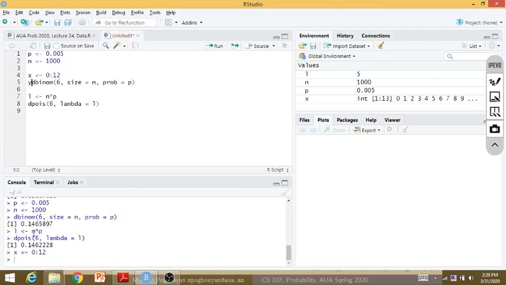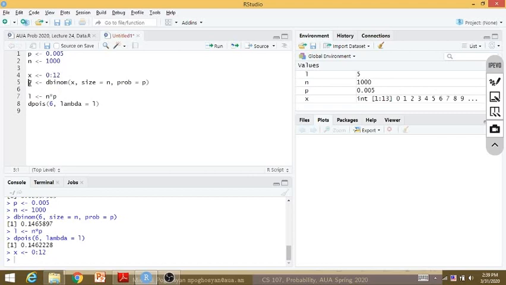I'm calculating the values. Let me give a name to this: the values of my binomial PMF at the point X. So what I'm doing here, first I'm calculating the PMF value when X is 0, then the PMF value when X is 1, up to the PMF value when X is 12.